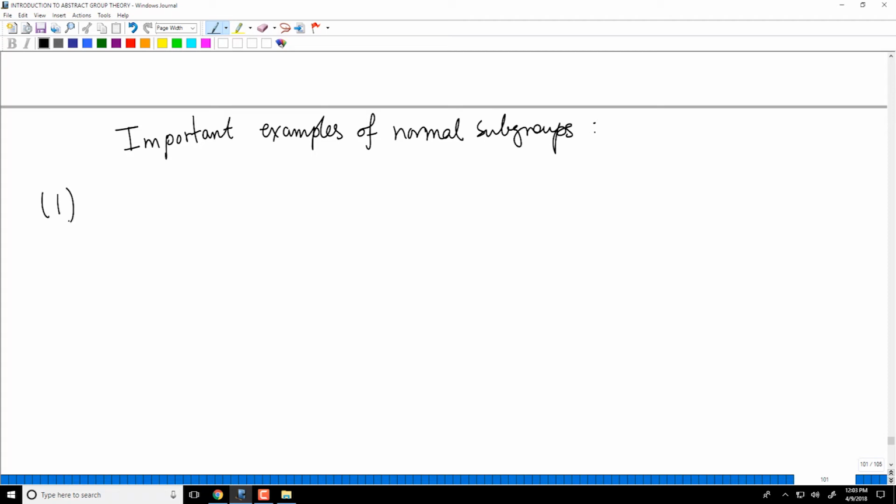Okay, so let's take any group homomorphism. Let's say this is a group homomorphism.